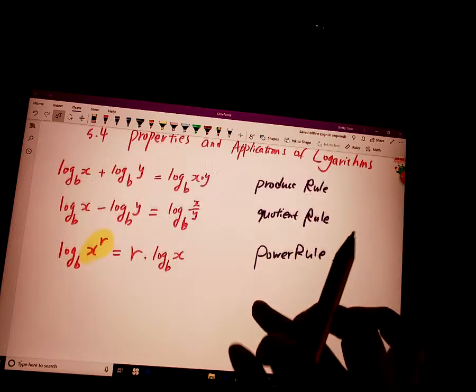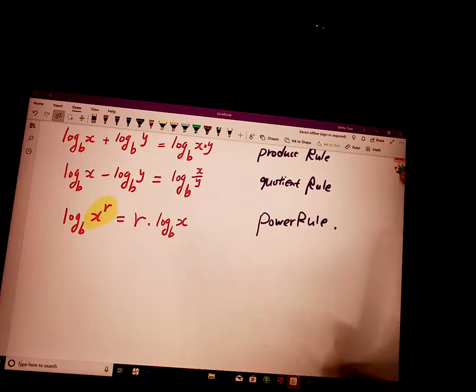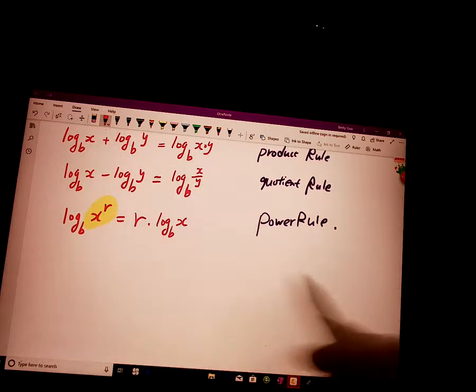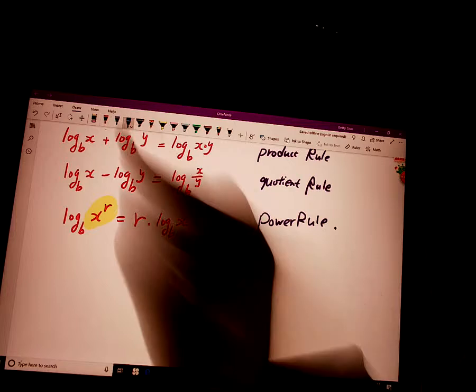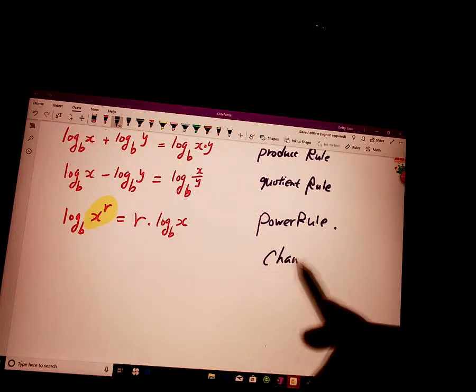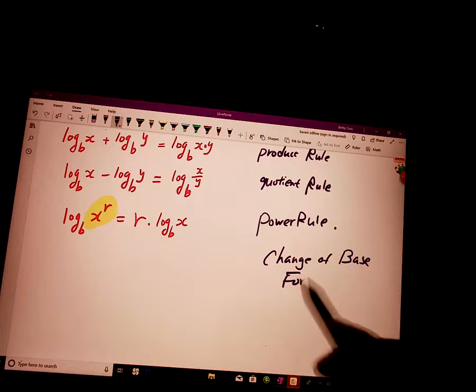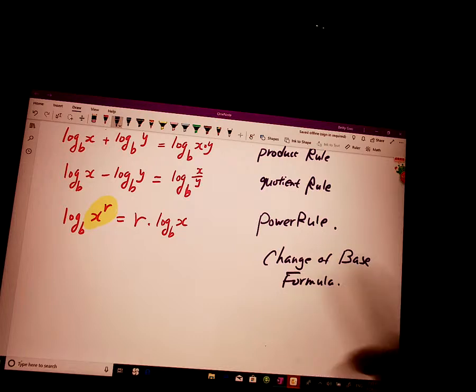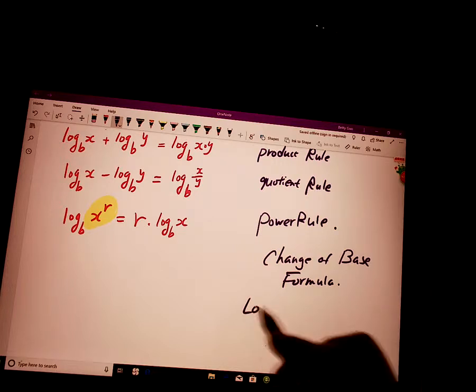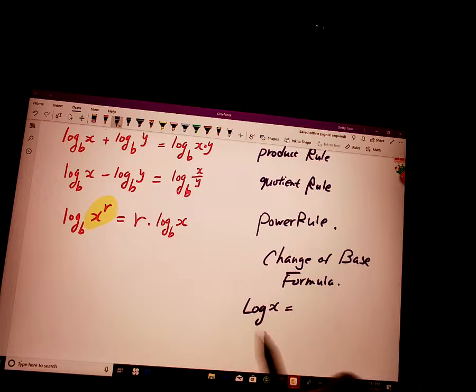Number 4, remember I said we have 4 formulas. The fourth formula is called the change of base formula. If you look at your calculator, you would see log. What if you see a logarithm without the base written out?